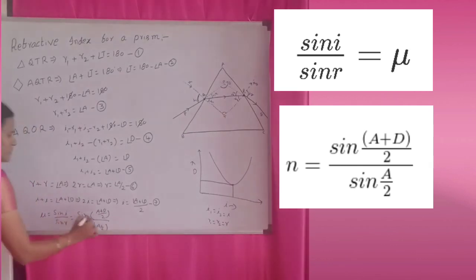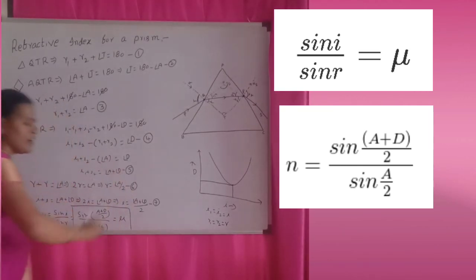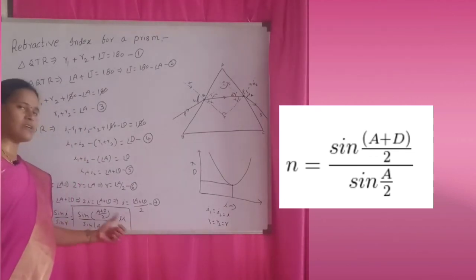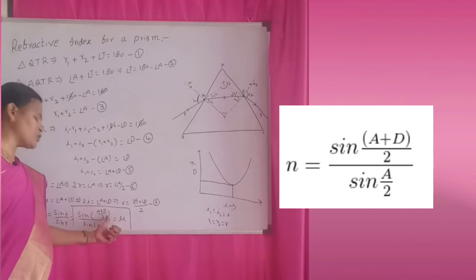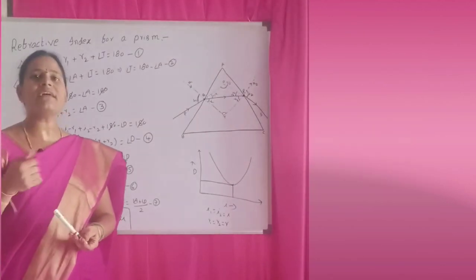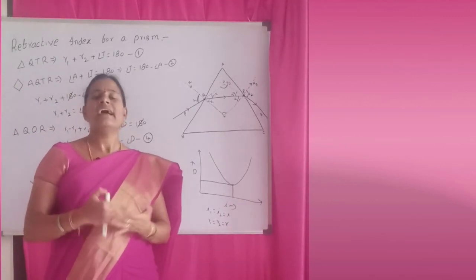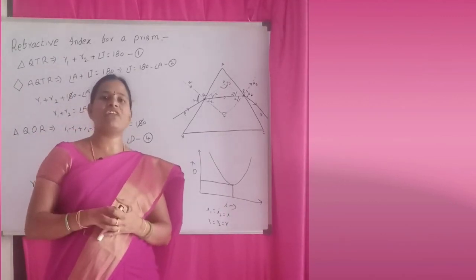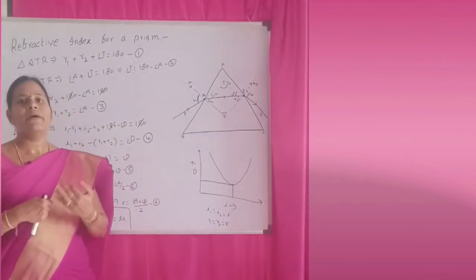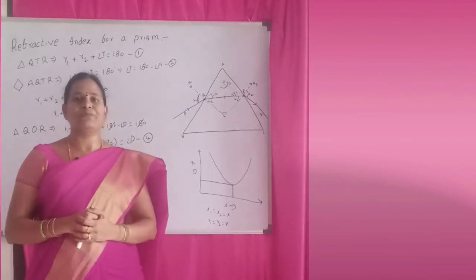So it is equal to mu. So this is the final equation for the refractive index of a prism. So mu is equal to sin of A plus D by 2, divided by sin A by 2. So here what is A? What is D? A means the angle of the prism, D means the minimum deviation of the prism. So this is about the refractive index formula. Mu is equal to sin of A plus D by 2, divided by sin A by 2.